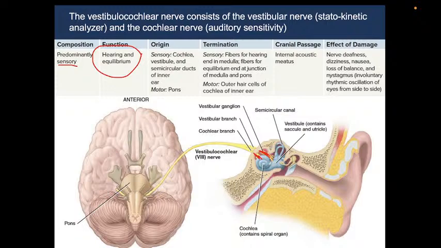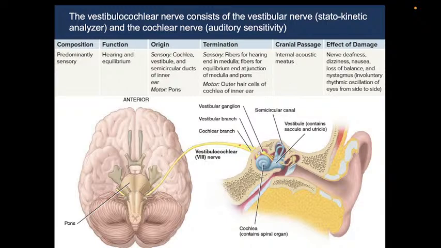Where is this nerve located? It starts from the inner ear. This structure inside the pyramid of the temporal bone is called the inner ear, and the nerve starts from two parts of the inner ear, and they join together and form the vestibulocochlear nerve.